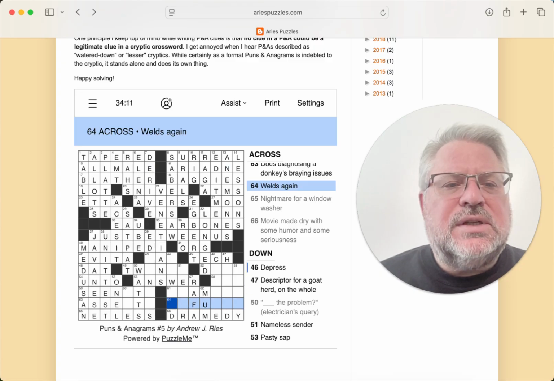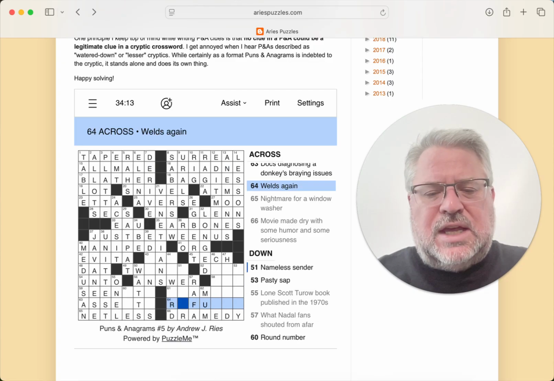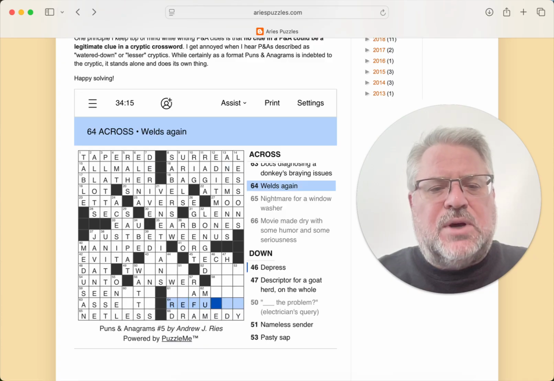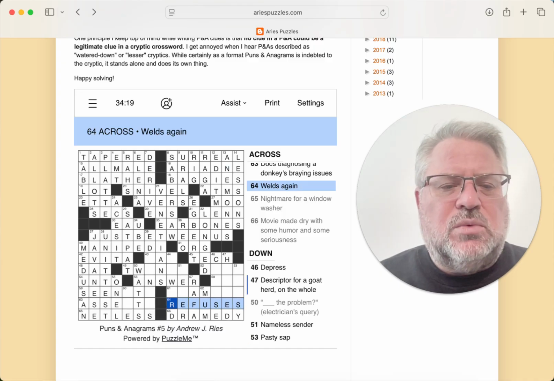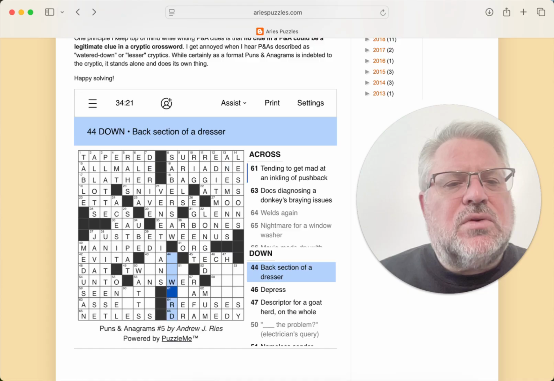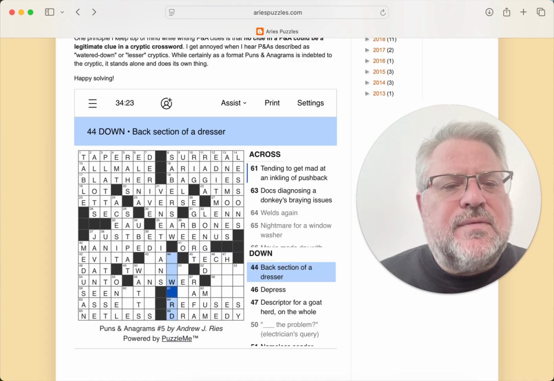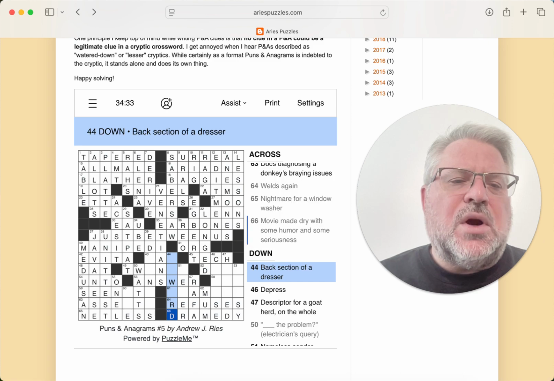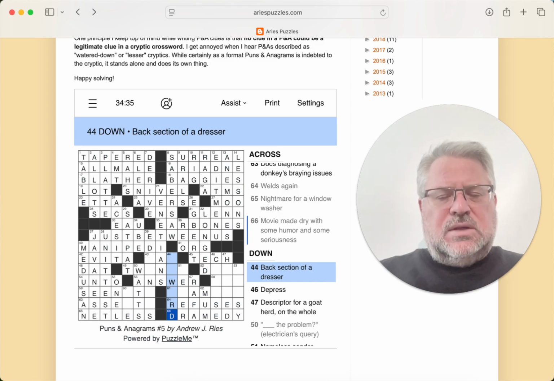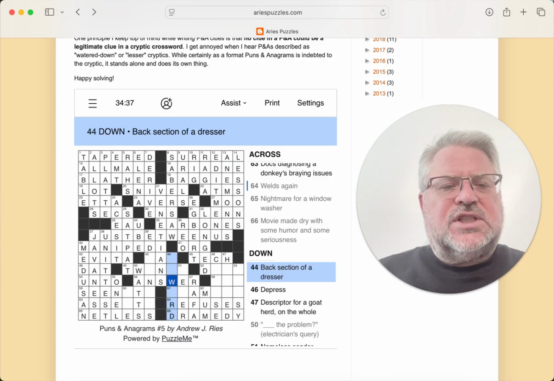And wields, again, fuse can mean weld, so this is a pun on refuses, or re-fuses, which as a single word would be a valid crossword answer. I feel like it's reward. How are we getting that? It's drawer. A dresser drawer is a section of a dresser.